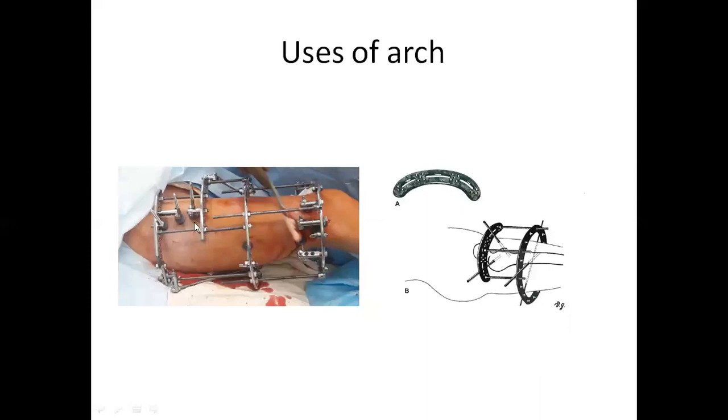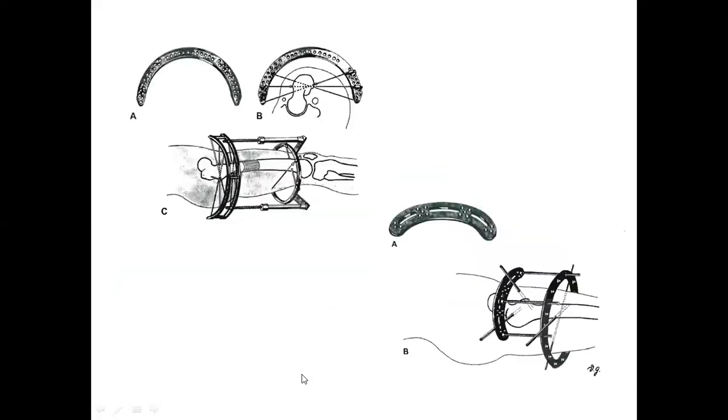These banana arcs or pelvic arcs can be used in the proximal femur with the Schanz screw. And here is the Italian arc used with the Schanz screw. So this type of assembly is very popular for the proximal femur.